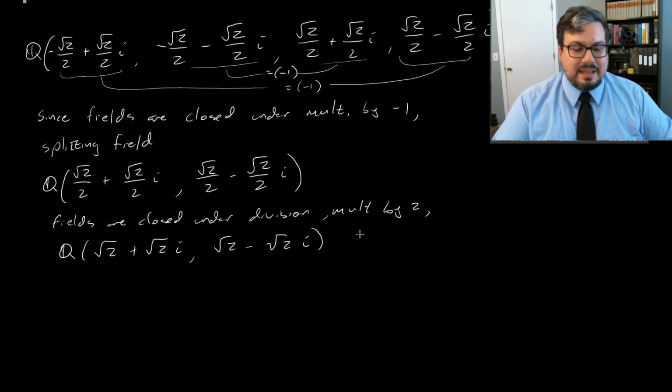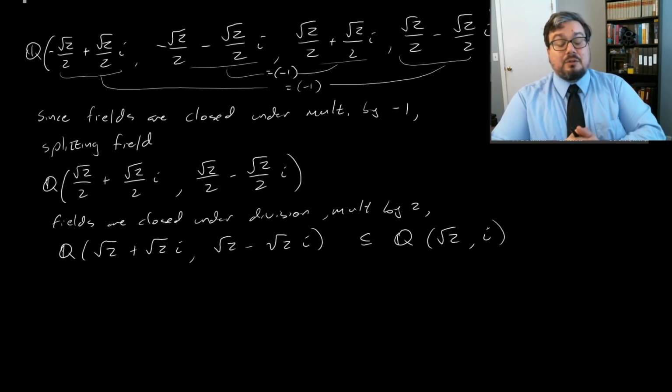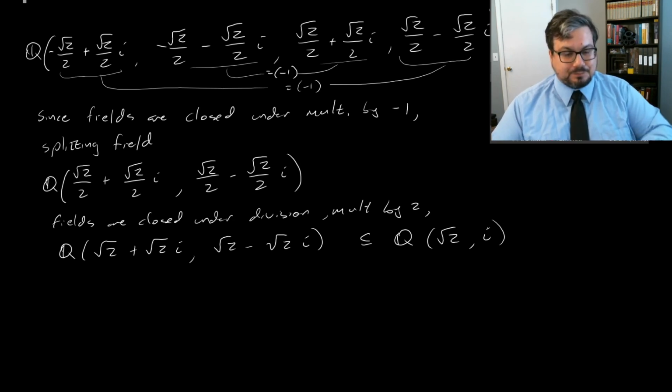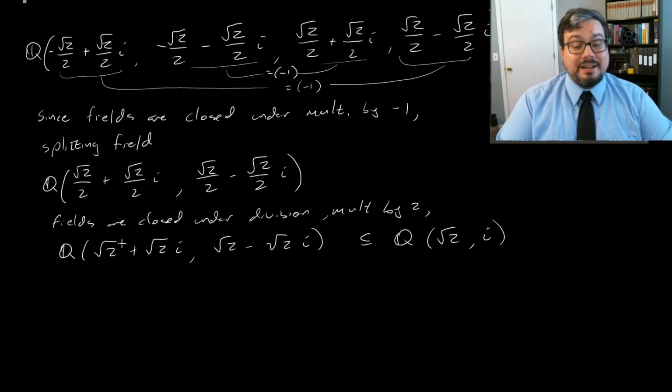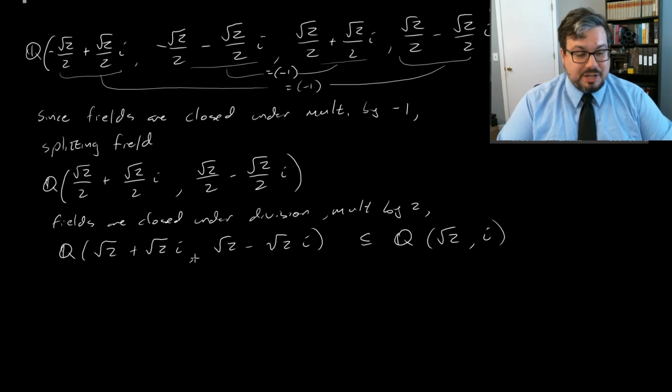Now, this field is clearly contained in the smallest field containing Q, the square root of 2, and i. However, it turns out that these two are equal, and the easiest way to show that is to show that you can get √2 and i out of these two generators.